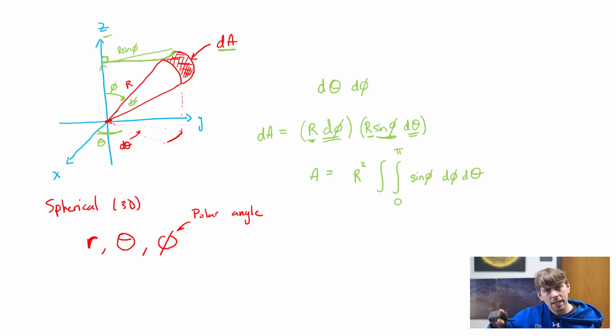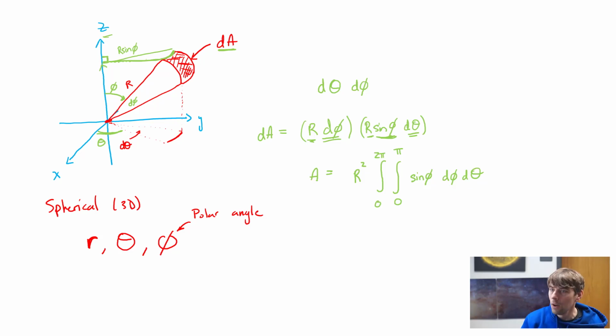Now you can imagine taking that semicircle, and the next thing we're going to do is rotate it 360 degrees, 2 pi radians, around the z-axis. You can see that will form the entire surface of the sphere. And so that theta measurement goes from 0 to 2 pi.